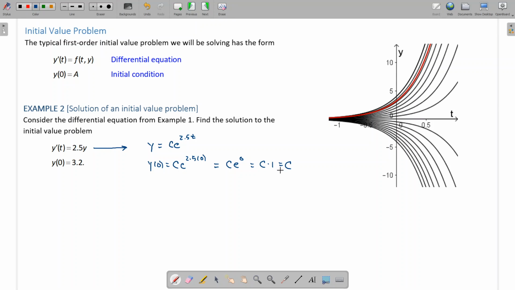Y of 0 is c, but they said that this is 3.2. So that means 3.2 is our c value. So the particular solution that we get is 3.2 e to the 2.5t. So this is the solution that satisfies the differential equation, but it also satisfies the initial condition.